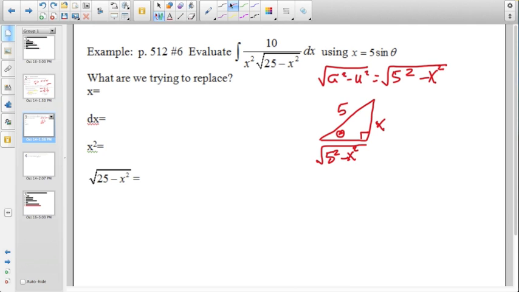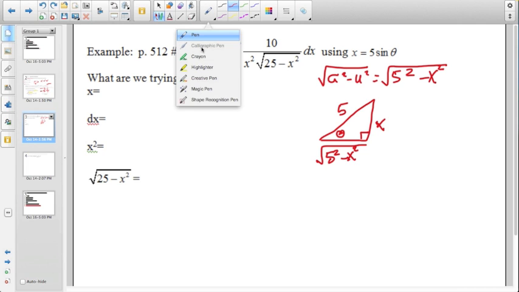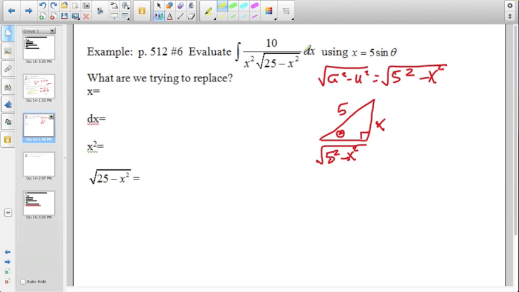We know that we need to substitute out a differential expression, an expression for x squared, and an expression for the radical. The whole idea is to build those three components so that we can substitute those out.